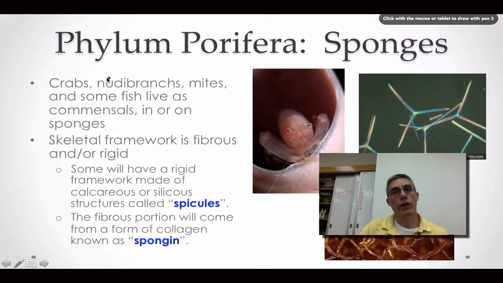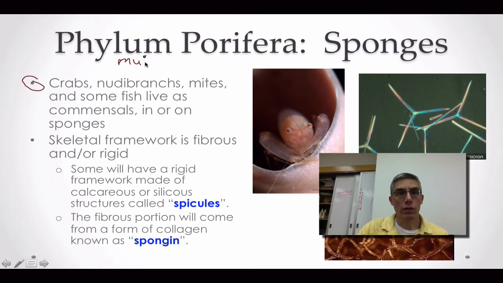So when talking about the phylum Porifera, it's really important that we make sure to talk about the different types of relationships that can be formed between sponges and other animals. There were 3 different types of relationships that we talked about back in Chapter 11 when we discussed protozoans. We had talked about a mutualistic type of relationship, and this is where one member would benefit and the second member would benefit as well.